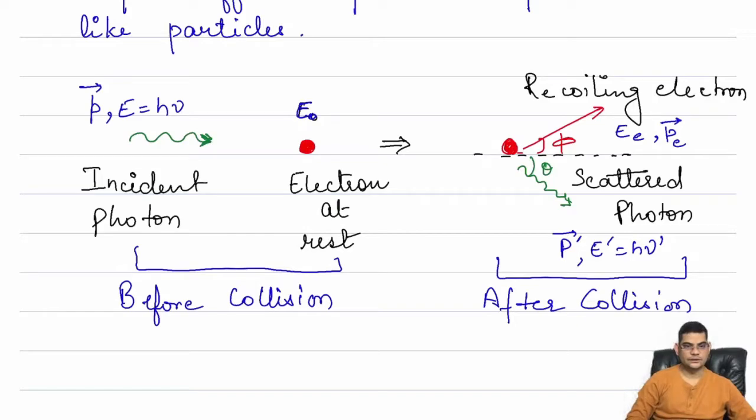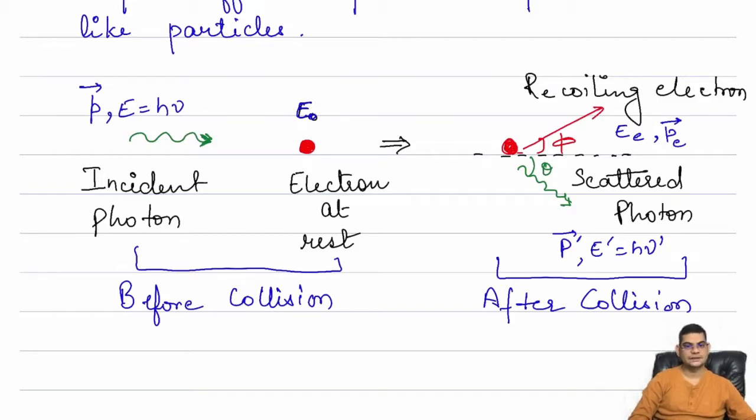Now, if we assume the classical theories, then the wavelength of the incident photon and scattered photon must be the same, so the energy must be the same. But in the experiment, it is found that the energy of the scattered photon is always less than the energy of the incident photon.